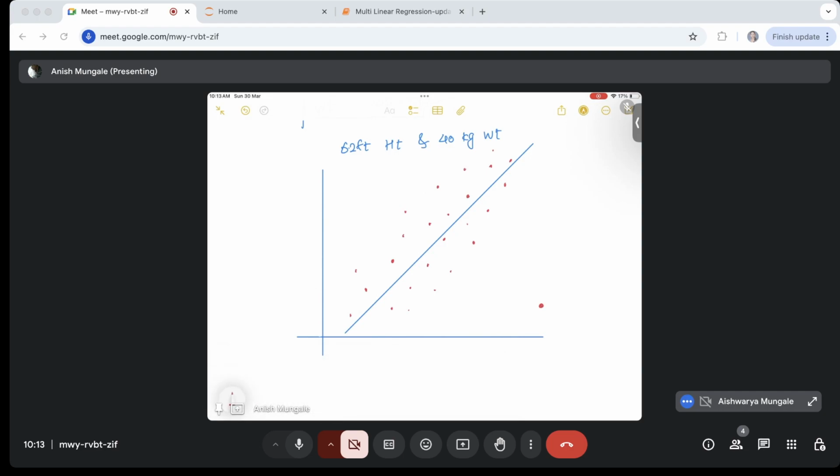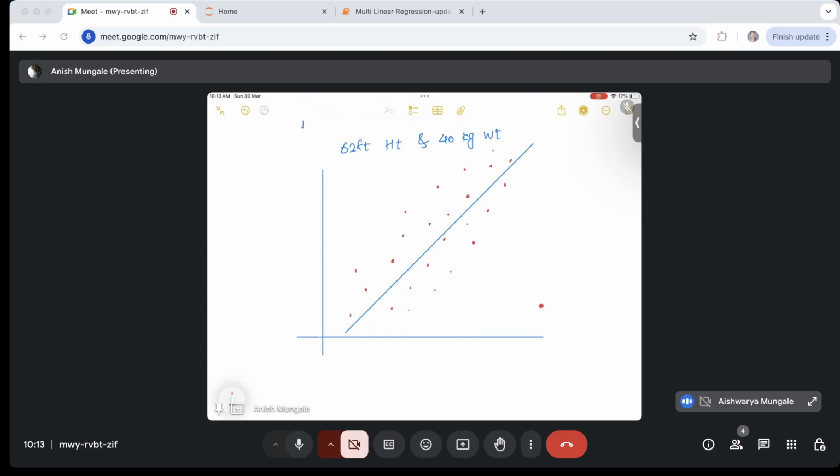What will adding this new data do to this fitting? Would this move the fitting? Correct.